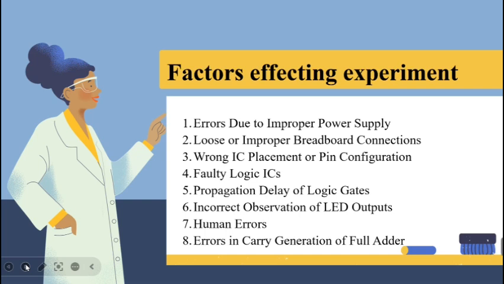Avoid loose power connections. The second one, loose or improper breadboard connections. Improper insertion of IC pins, jumper wires, or LEDs may create an open circuit, short circuit, or wrong logic levels on the breadboard. Even a small loose connection may change the output of a half adder or a full adder.